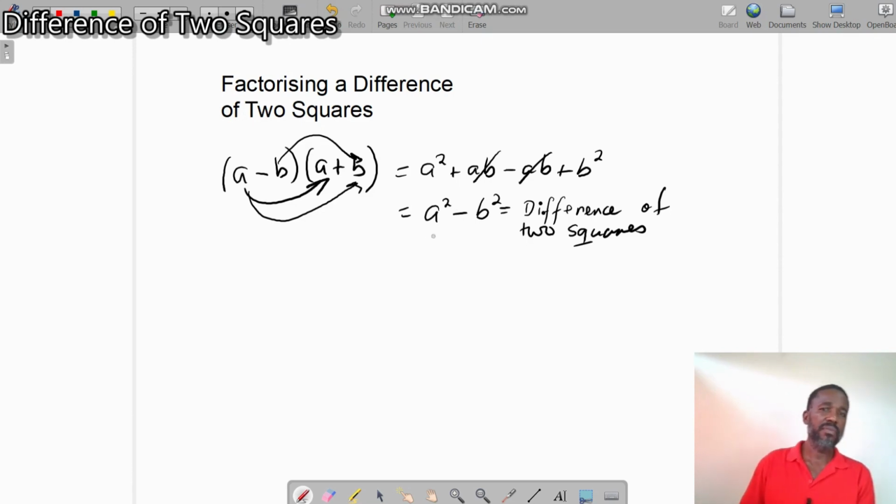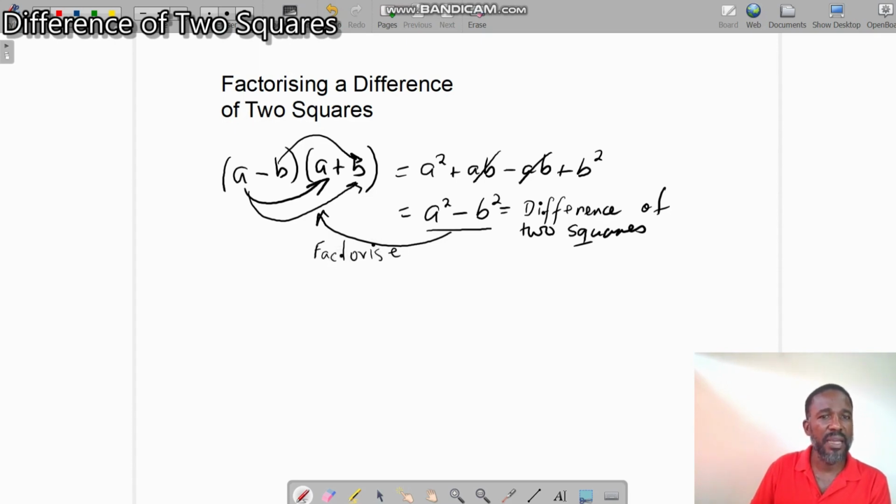So what does that mean? It means that when given a difference of two squares problem to factorize, once we can identify and write it in this form, then our answer when we factorize it is supposed to get us back that form.